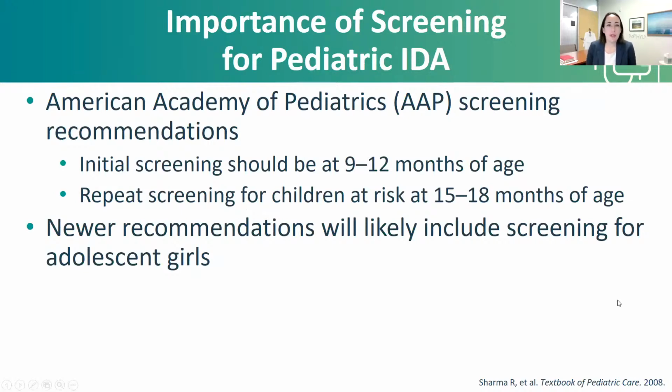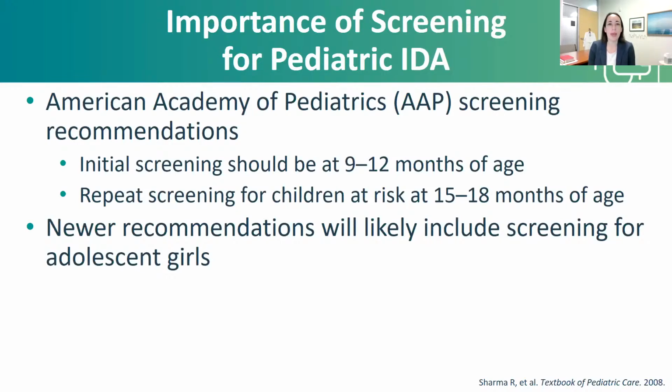So for all of these reasons, screening for iron deficiency is particularly important. The American Academy of Pediatrics had a 2010 report with screening recommendations that all children at 12 months of age should be screened for anemia to rule out iron deficiency. A new report is in development, and this will continue to recommend the initial screening at 9 to 12 months of age.